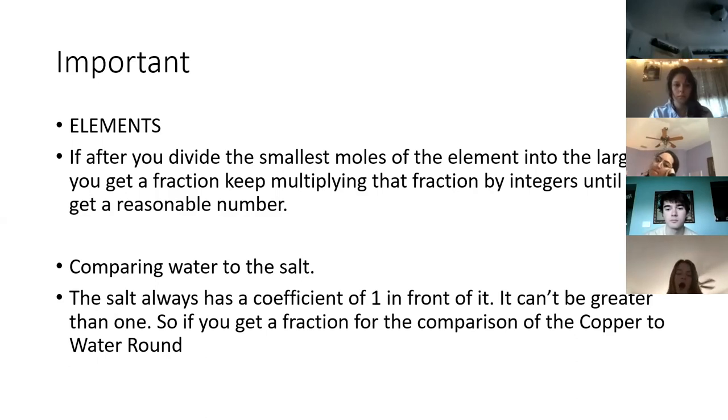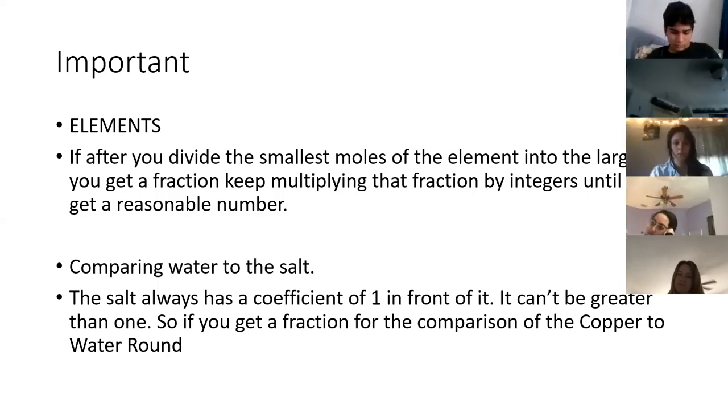Now, if I am doing the ratio for the salt versus the water, different rules. The salt can never have a coefficient of anything other than 1. So to keep the molar ratio good between the water and the salt, that is always rounded.